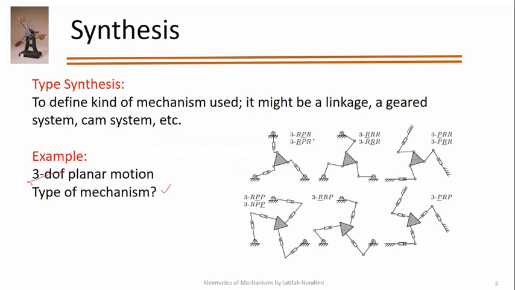You can use 3RPR, 3RRR, and you can have a PRR here. You are seeing all joints are revolute here, 3RRR. In here, revolute, prismatic, revolute, revolute, prismatic, revolute, right? So these revolute, prismatic, revolute chains are 3.